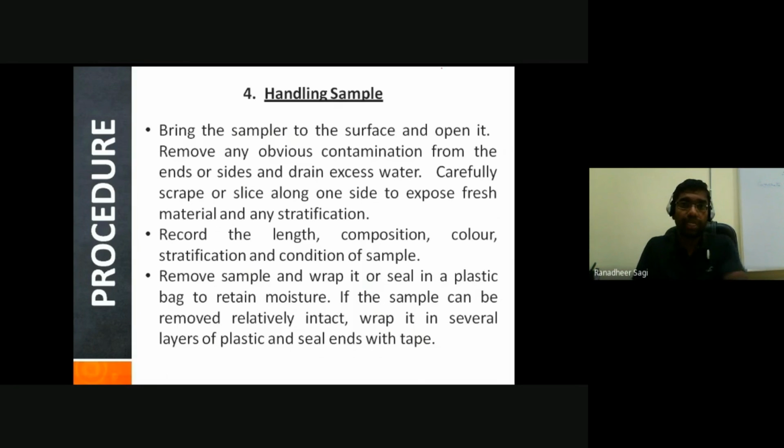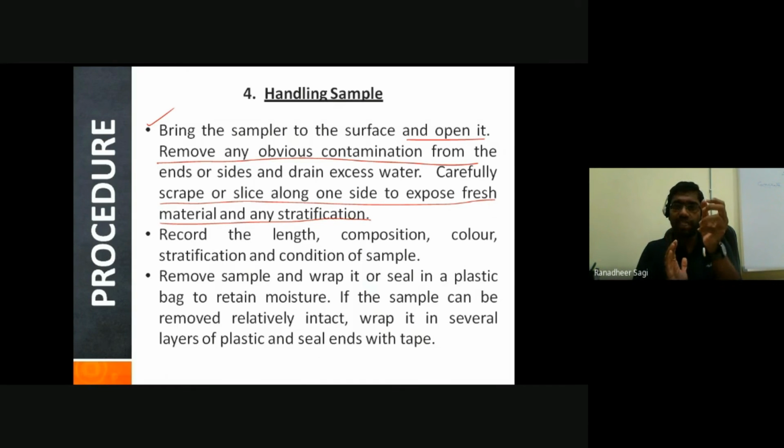Bring the sampler or the sampling tube to the surface and open it. Remove any obvious contamination, maybe some grass or any organic matter that you find in contact with the soil. Carefully scrape or slice along one side to expose fresh material and any stratification, because we had a split spoon combination there.